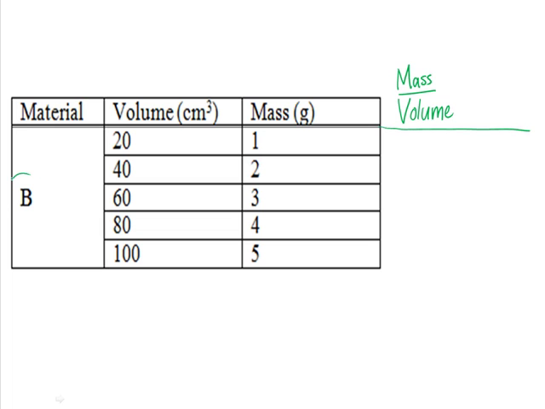The mass to volume ratio for material B is also a constant, although a different constant to A's constant.